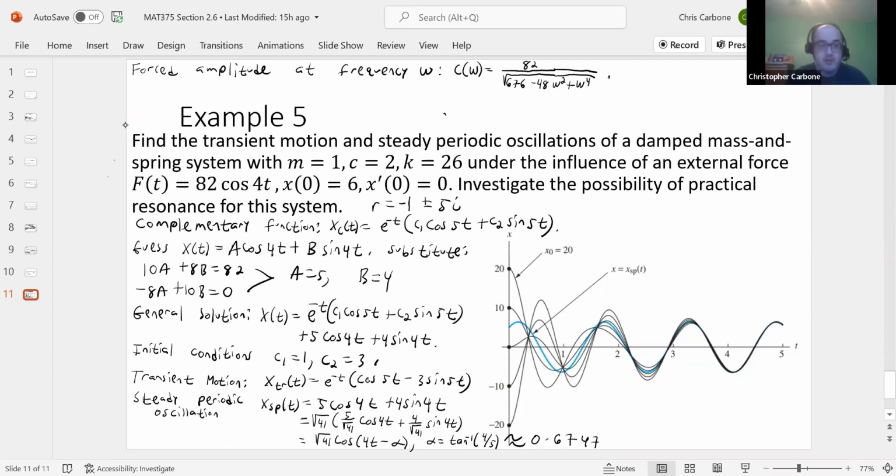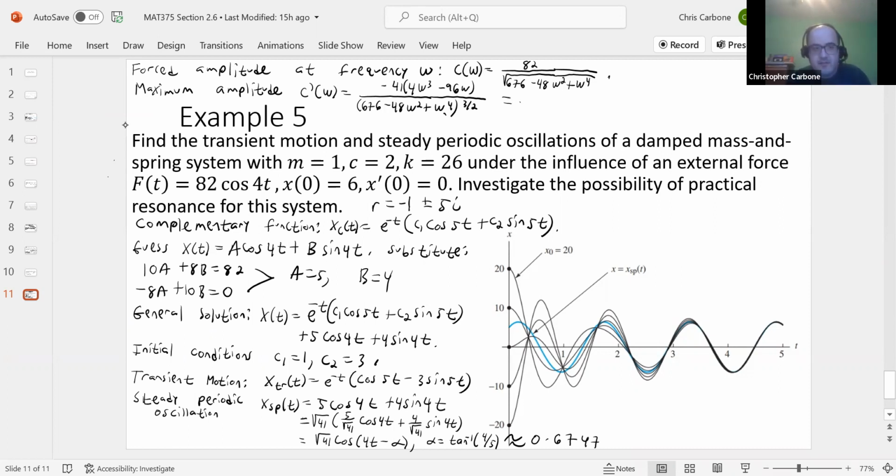So maximum amplitude occurs when we have C prime of omega being equal to, once we do this, negative 41 times 4 times omega cubed minus 96 times omega, divided by 676 minus 48 times omega squared plus omega to the fourth raised to the 3/2 power.